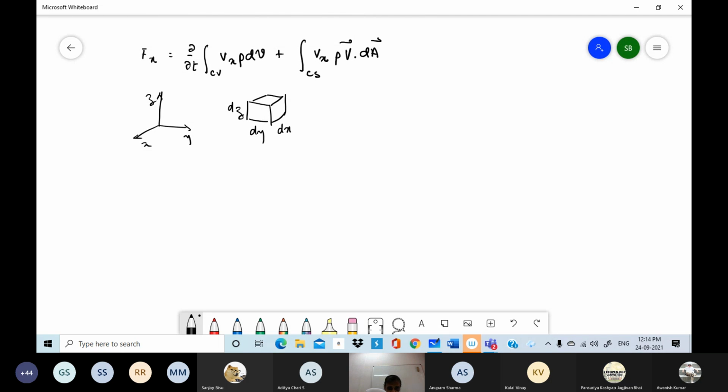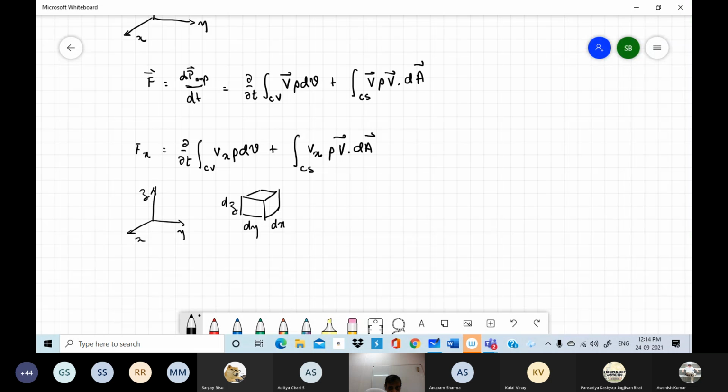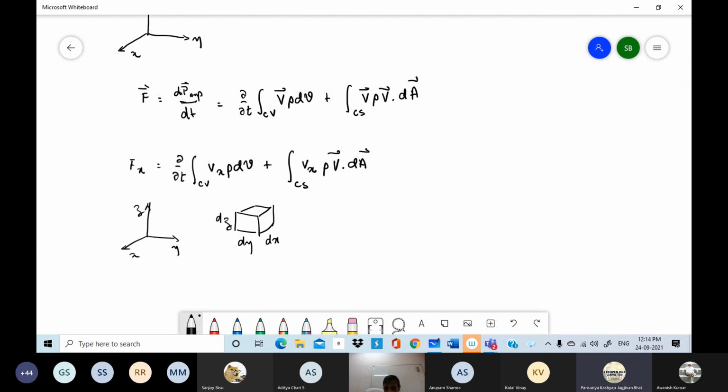Sir, in Fx, the V dot dA is in the x direction, right? No, V dot dA is the scalar product, so that is a scalar. Okay, sir. So therefore that has no direction. The direction comes from this, and that is why I take Vx of this. Yes, sir.